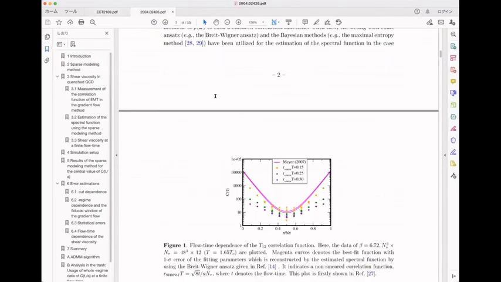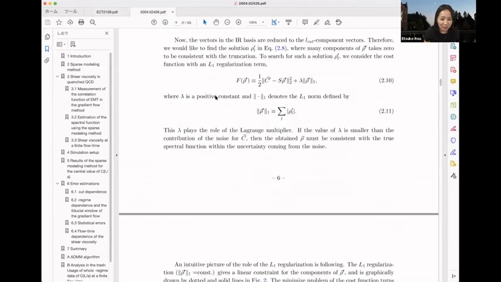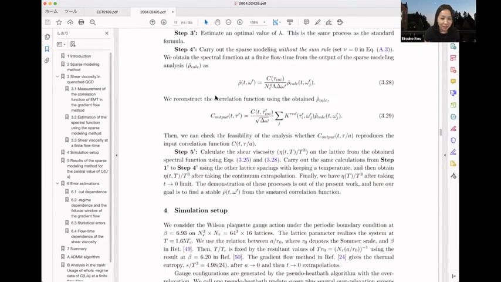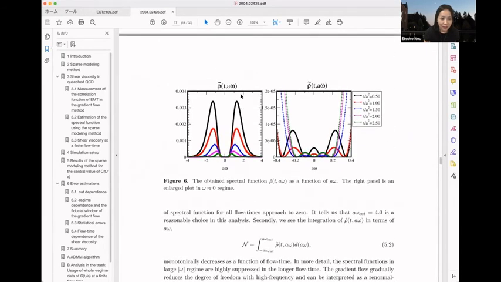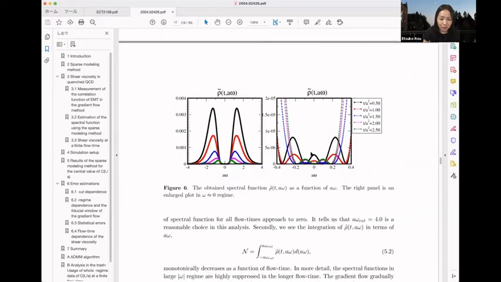Yes, okay. So this is actually my paper. This rho tilde is rho divided by the hyperbolic tangent of omega. So okay, that's just as good. Yeah, and actually the curvature depends on the gradient flow time.